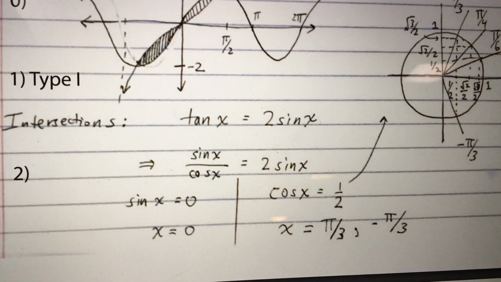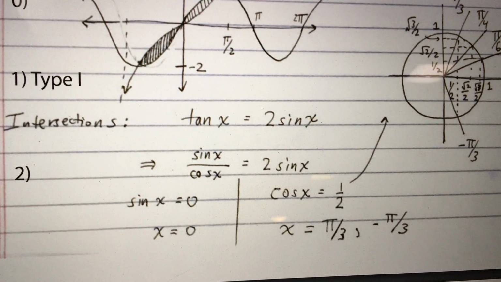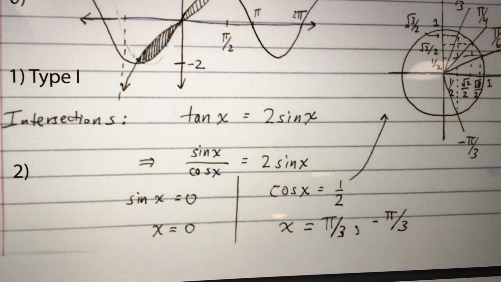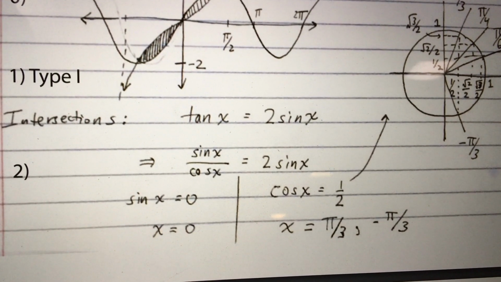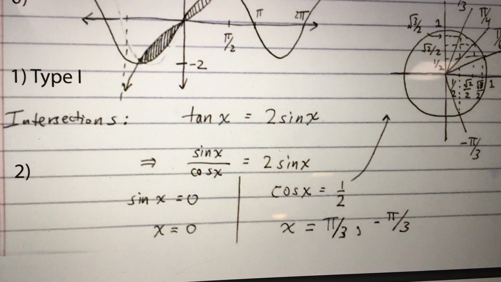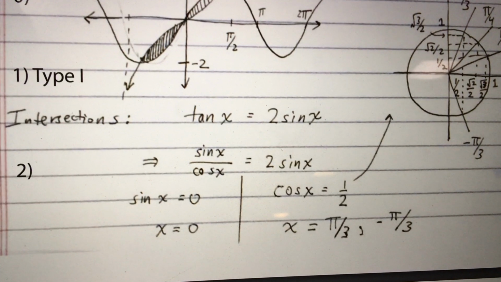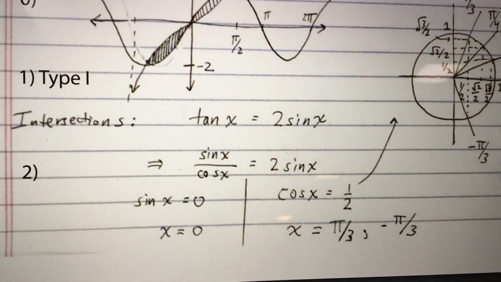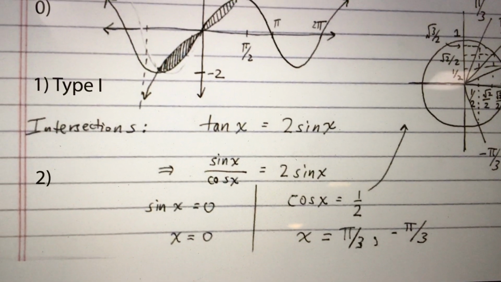And the other is that the cosine of x is equal to 1/2. That's when sine is not 0, and you divide both sides of that equation by sine so that you get 1 over cosine equals 2, or cross multiplying, cosine is equal to 1/2. So those are the ones that we're interested in, besides the answer 0.